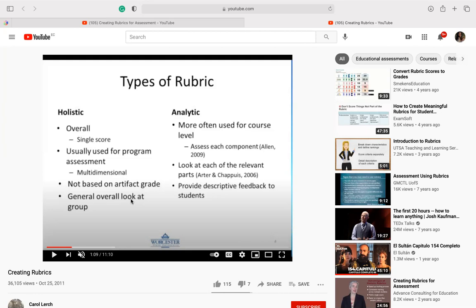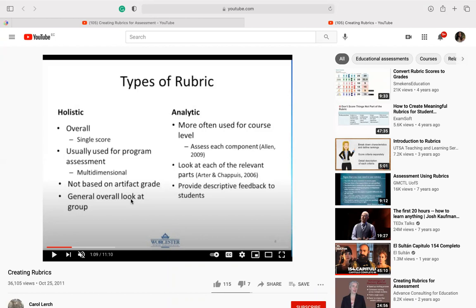So we are talking about a general program, not exactly a specific skill or a specific subject. It's all together. And at the end, we can see general overall look at group. As I said before, these kind of rubrics are more general. These are focused on try to assess or try to get information in a general way.